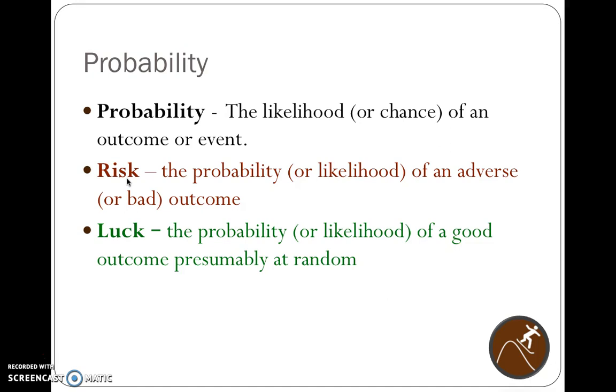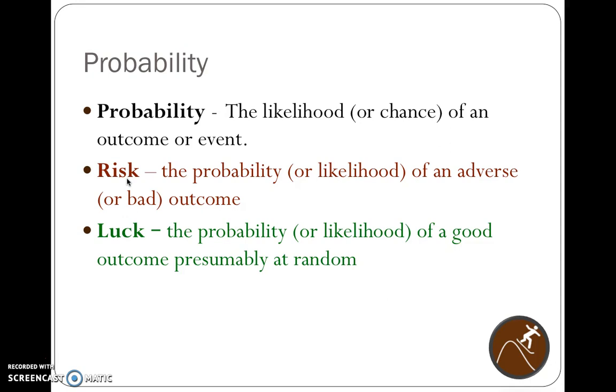So there are things that we may describe as being risky, which we may not necessarily know the true probability of, but we know that the probability of getting hurt is a lot higher than other types of things that might be done on the job. But risk, by definition, is the probability of an adverse outcome.